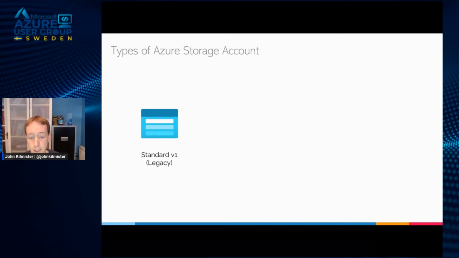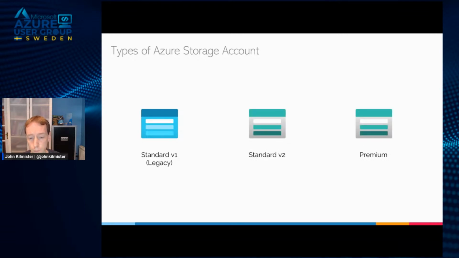Now, when we create a V2 account in the portal, we have the option of a standard V2 and a premium account. A premium account will be backed with SSDs and is only really applicable for Azure Files rather than blob storage and other things. So today we're going to focus on the standard V2 account.